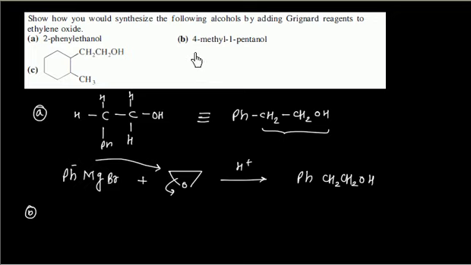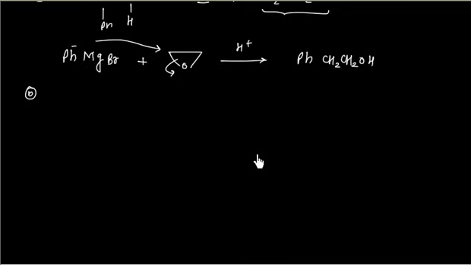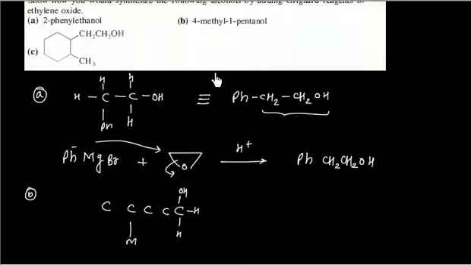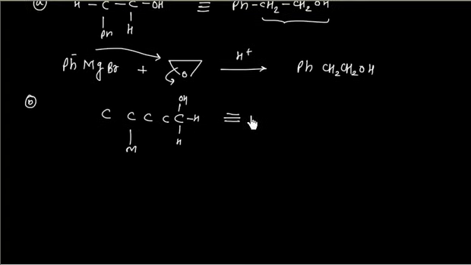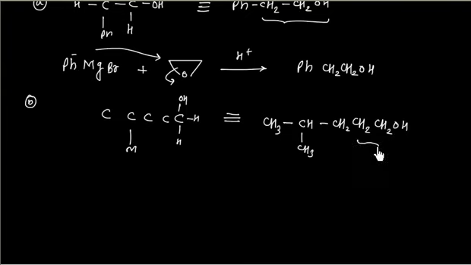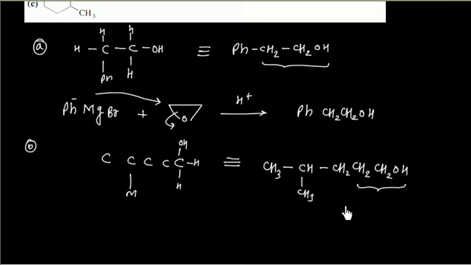Now let us discuss the next one. We have 4-methyl-1-pentanol. So this is pentanol, 4-methyl, 1 2 3 4. So 4-methyl-1-pentanol. This means I have to prepare CH3 CH(CH3) CH2 CH2 CH2OH. Now this part we can prepare from ethylene oxide. So ethylene oxide can add 2 extra carbons.